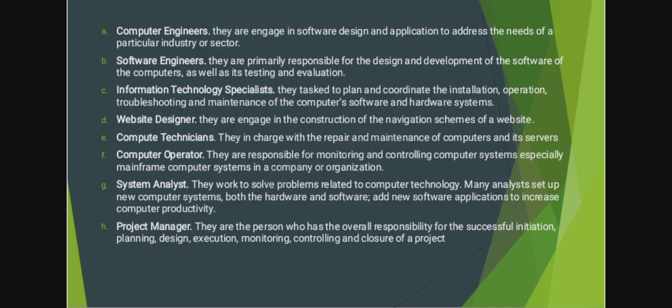A. Computer engineers, they are engaged in software design and application to address the needs of a particular industry or sector. B. Software engineers, they are primarily responsible for the design and development of the software of the computers as well as its testing and evaluation.